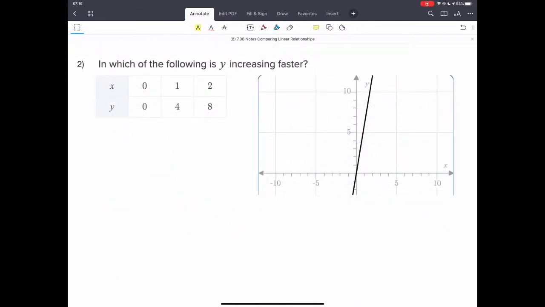Let's see if we can try this with another one to shore up our skills on this. So again, we're asked to decide which linear relationship has the y increasing faster. We've got the table compared to the graph.